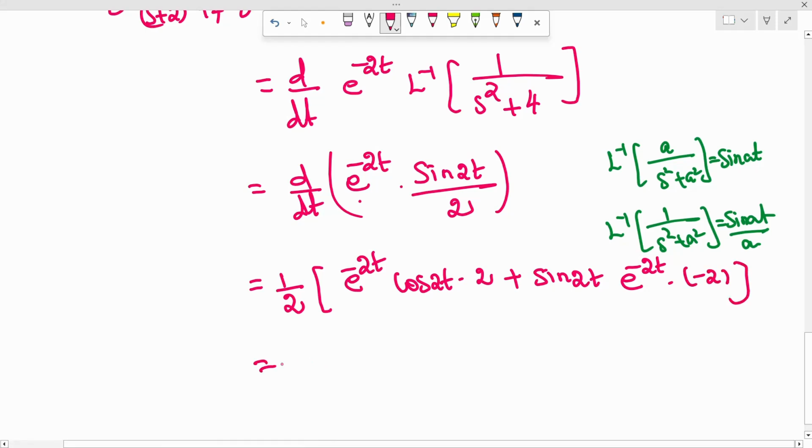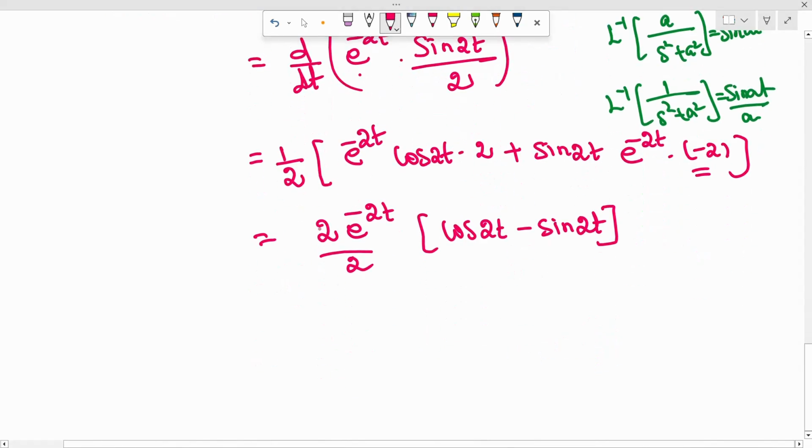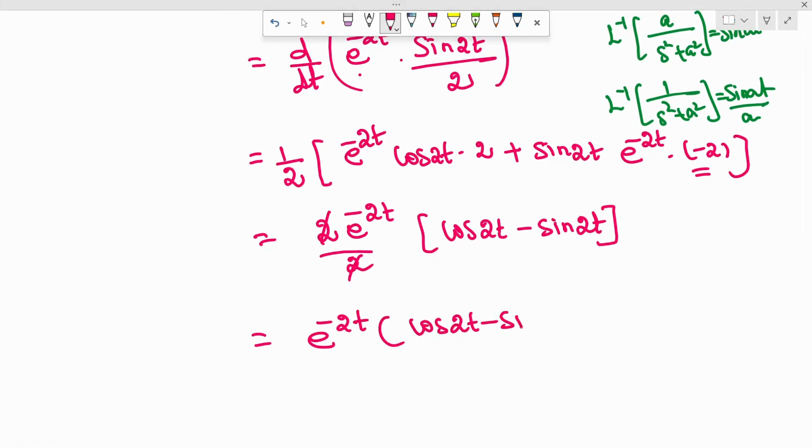Taking 2 e power minus 2t common from these two terms, divided by 2, we get cos 2t minus sin 2t, because one negative sign is there. Now we can cancel the 2, giving e power minus 2t into (cos 2t minus sin 2t), which is the required answer.